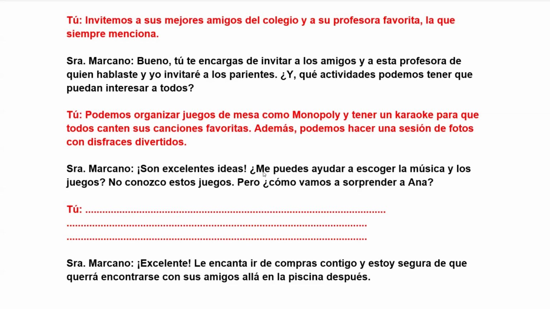Okay, now we have to move on to the next point. And obviously, this is in relation to where she asked the question at this part of the dialogue, where she says, but how are we going to surprise Anna? Okay, so that's where we have to give our response.